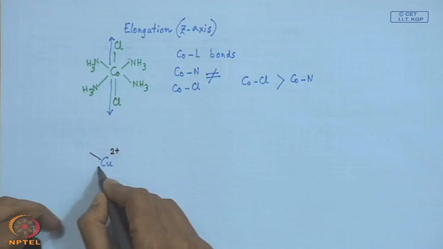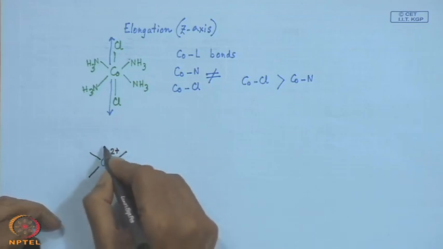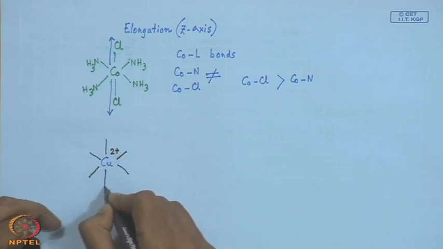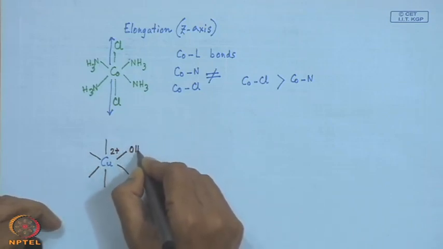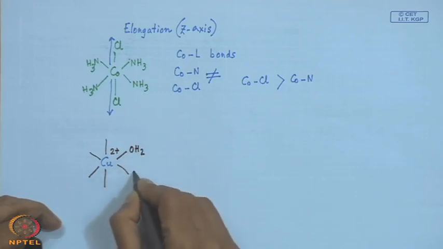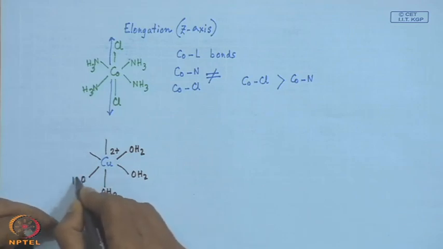So, copper in 2 plus, which is 3d9, and all the ligands are the same, say all water molecules.